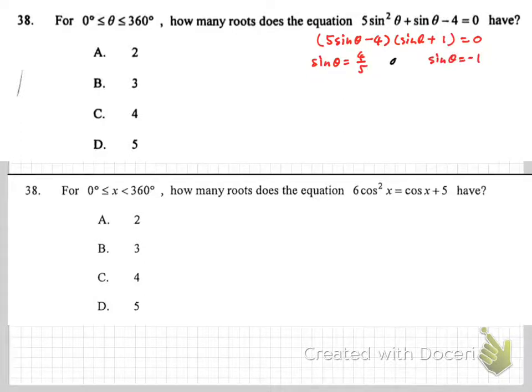And we can find the answer from the calculator. Theta is -90, and for 4/5, it is 53.13 degrees. Now, not just that, there are extensions. We have 180 minus or 360 plus.